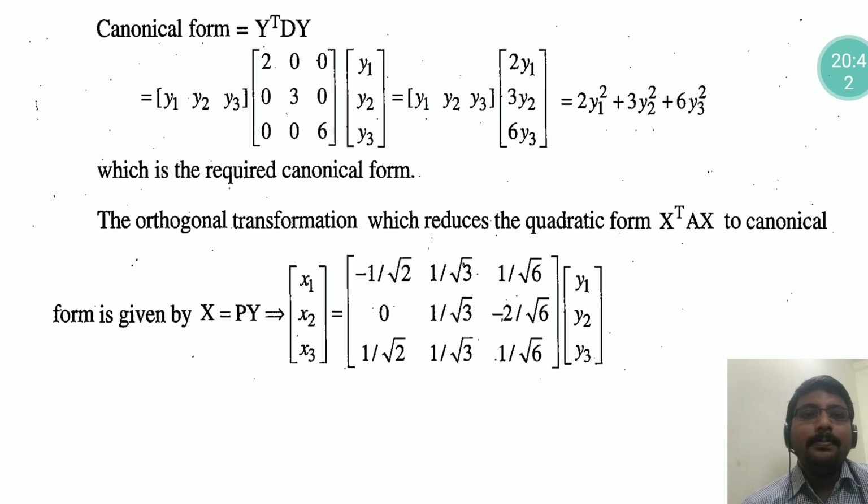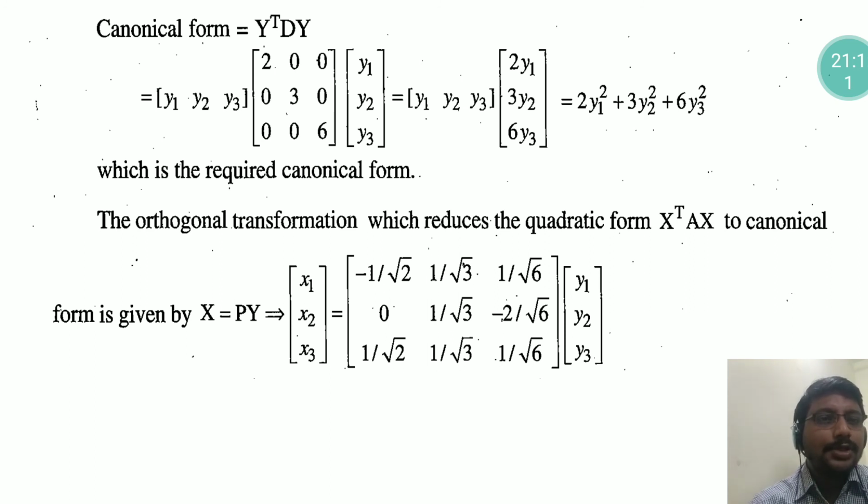Now the canonical form is obtained by Y transpose DY. Capital Y is the column matrix y1 y2 y3, and its transpose Y transpose is the row matrix y1 y2 y3. Multiplying these three matrices, we will have a quadratic expression. That is, the quadratic form is 2y1 square plus 3y2 square plus 6y3 square. This is known as the canonical form. So which is the required canonical form?